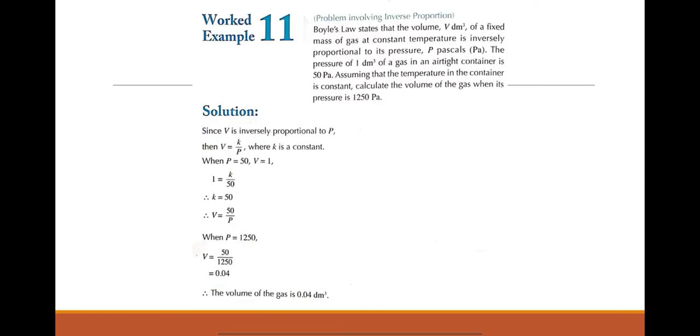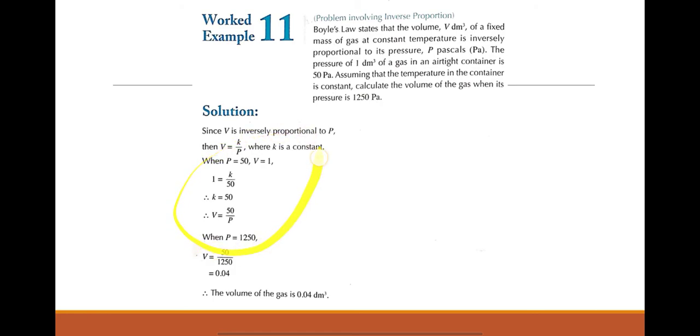Where is this coming from? Coming from here, 1 dm cubed. So dm cubed is a unit of volume. It even says here V in dm cubed, right? You see that they have the same unit, so this must be the V.